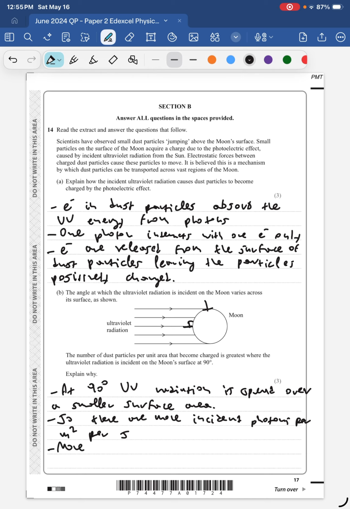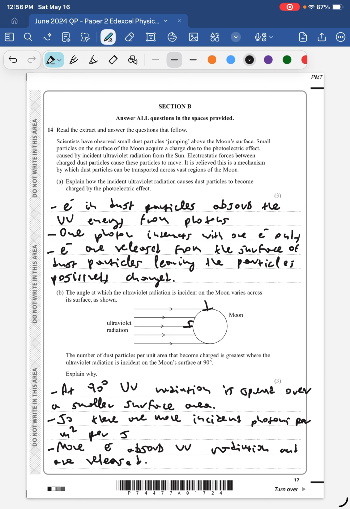So more electrons absorb UV radiation and are released. I hope this makes sense. If it doesn't, ask me a question and I will try to write an answer.